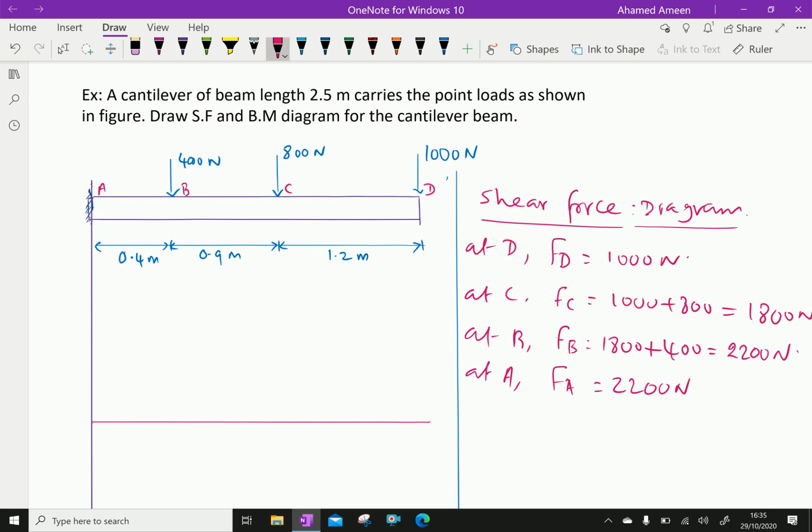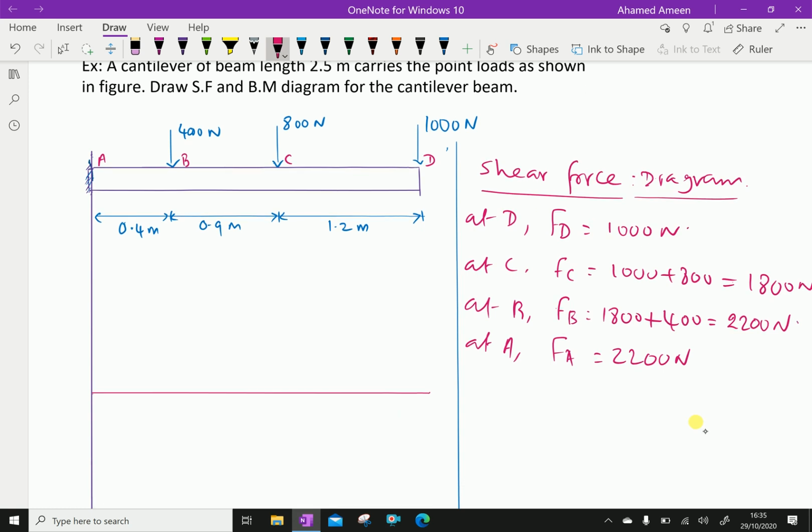Now this is point D, point C, point B, and point A. Now at point D, the shear force is 1000 Newton. For 1000 Newton we will choose some scale. Suppose let it be this 1000.